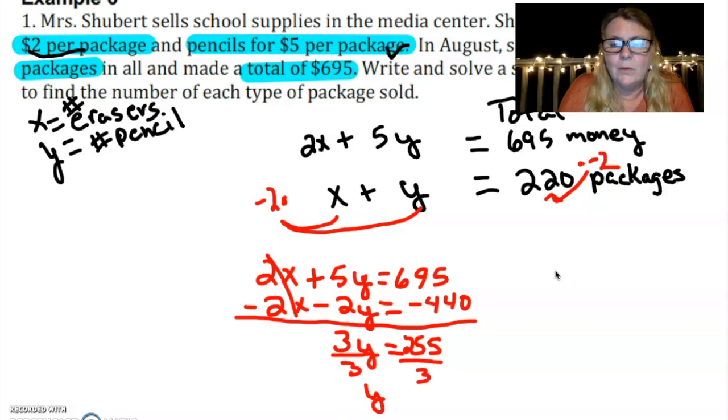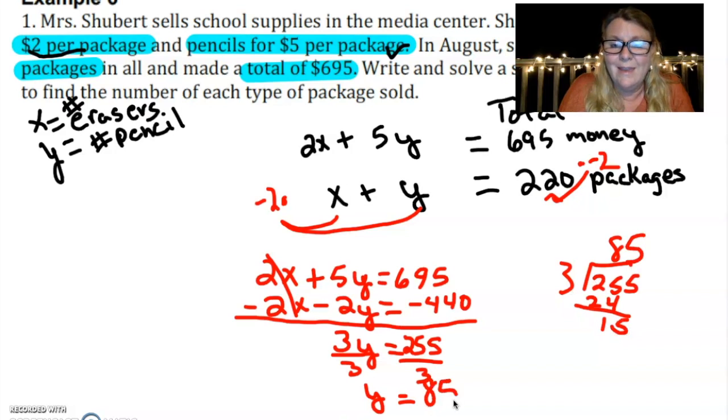So y would be equal to, and 3 goes into 255. That was a loud cricket. So we got 8, that's 24. Subtract. So it goes into it 85 times. So we think that there are 85 pencils.